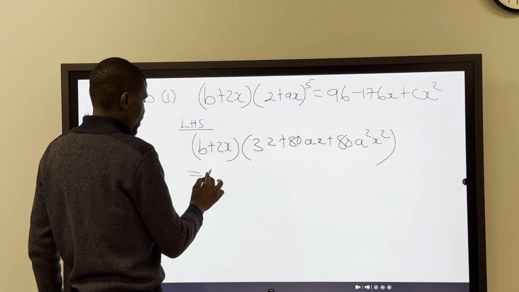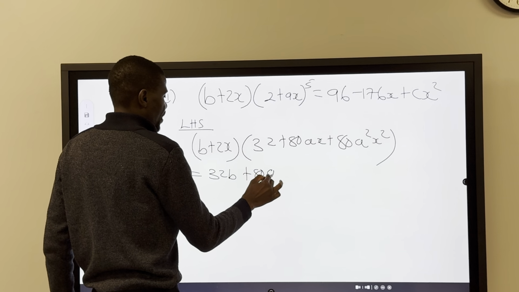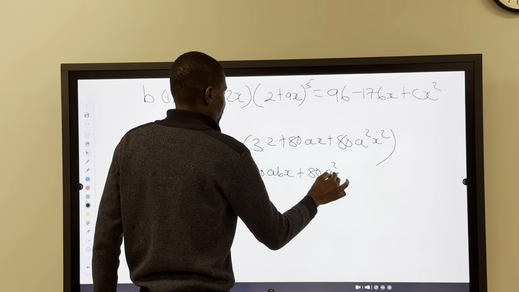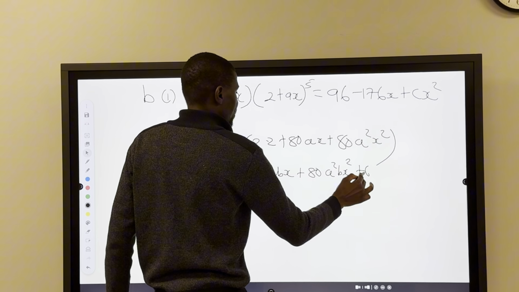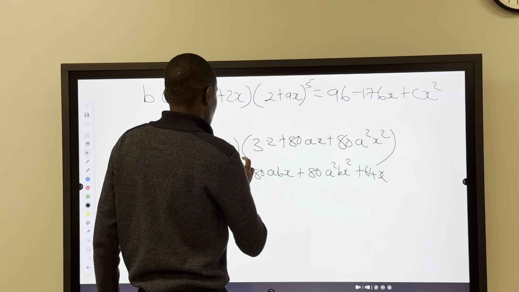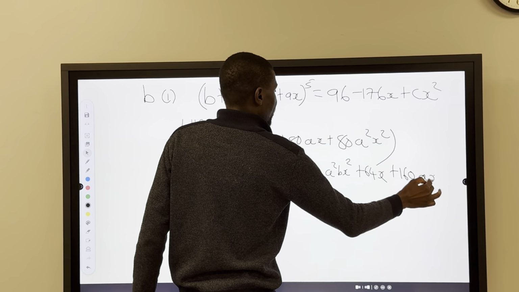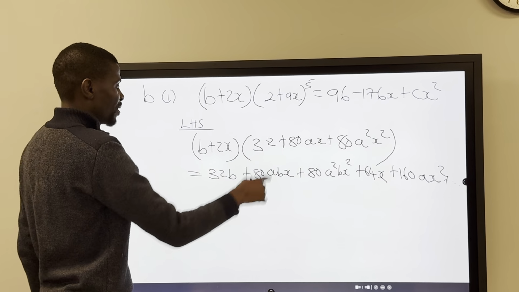So if I multiply here, I'm getting 32b plus 80abx plus 80a squared b x squared, then this times that, plus 64x, then plus 160ax squared. Remember, we're supposed to end up to x squared.